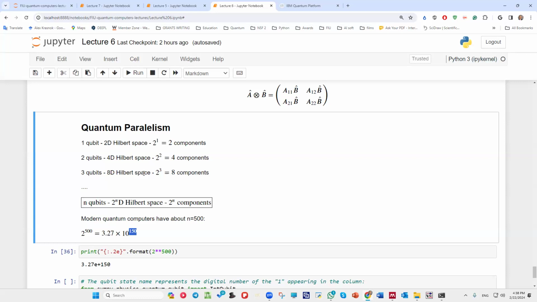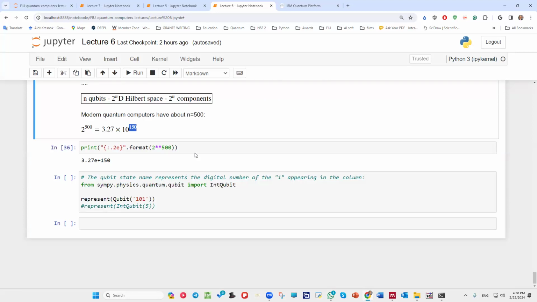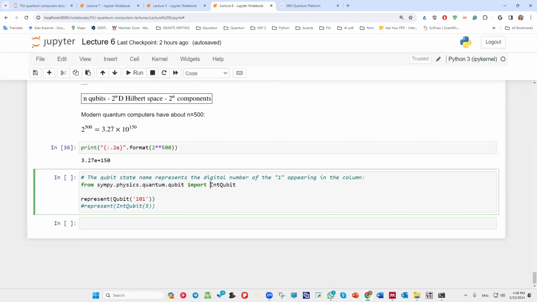Then you do something with these components using the quantum gates. We will discuss them in the next lecture. And then you conduct the measurement. The measurement returns all the qubits back to basically a digital string of 500 digits. So this is the concept of quantum parallelism. You parallelize a lot of quantum components and do computations with all of them at the same time, simultaneously.